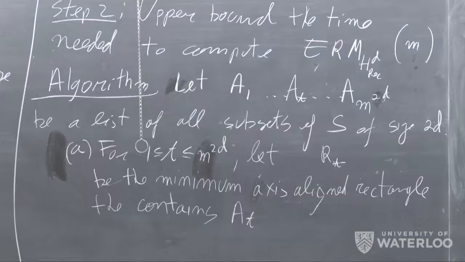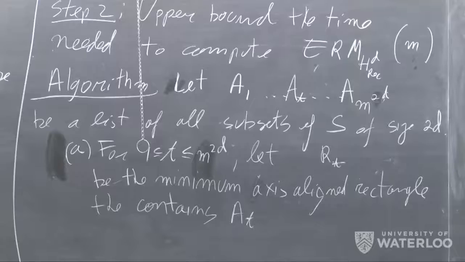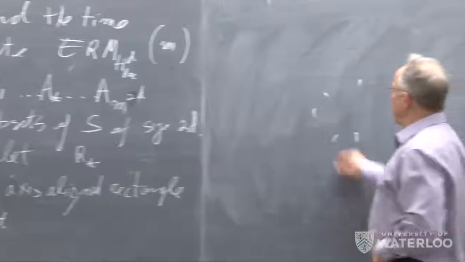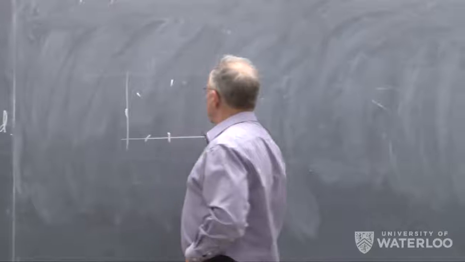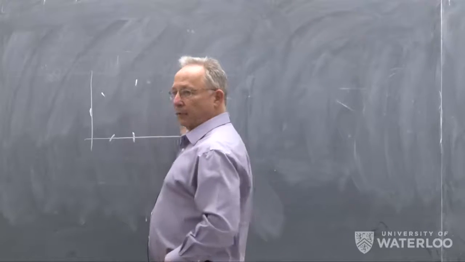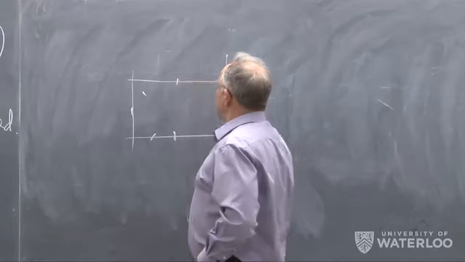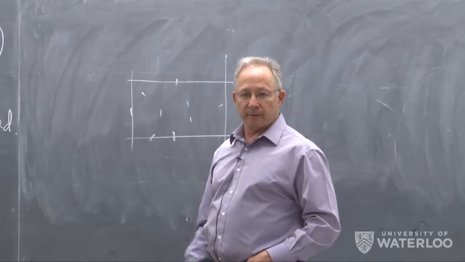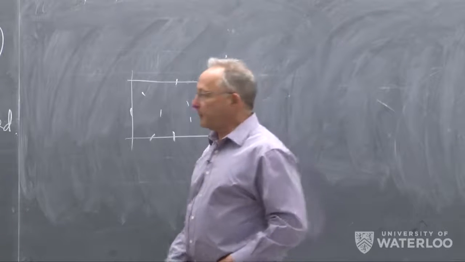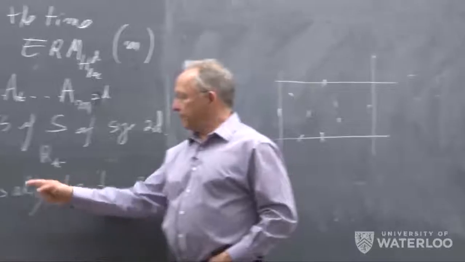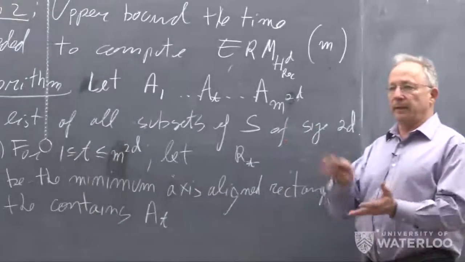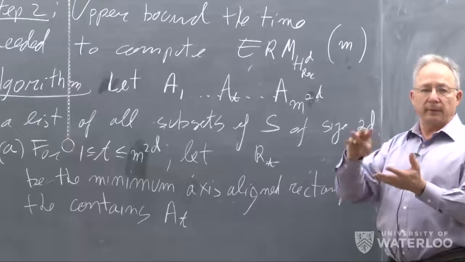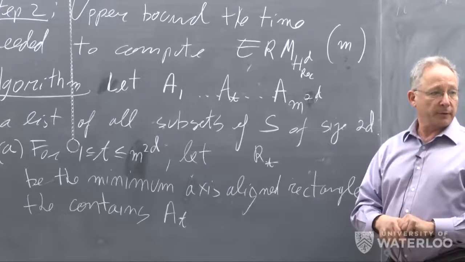And if I get a subset of sample points, I can look at the minimum axis-aligned rectangle that contains all of these points. That's well defined. I have a collection of some 2D points, and I ask what is the minimum rectangle. So in each coordinate, I move it until I hit one of the points. And this is the minimum axis-aligned rectangle that contains all of those points. There could be other points inside. So this is a well-defined step. I give you a subset of size 2D. You give me the minimum rectangle that contains all of those points.